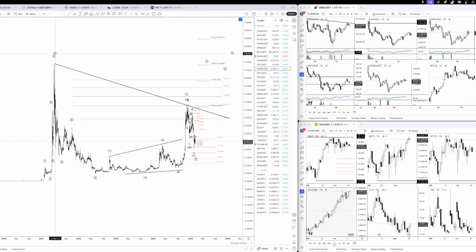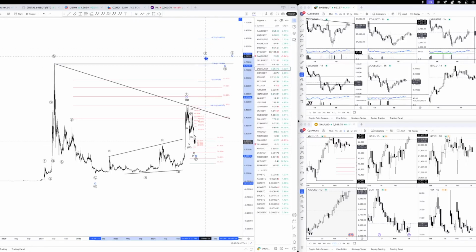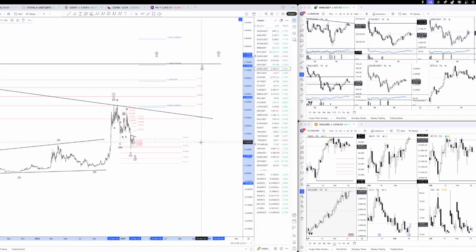I'm going to highlight it for future reference, should the price come here. And you can also look at the 1.618 at 98 cents. So these two targets are reasonable enough for a wave 3.